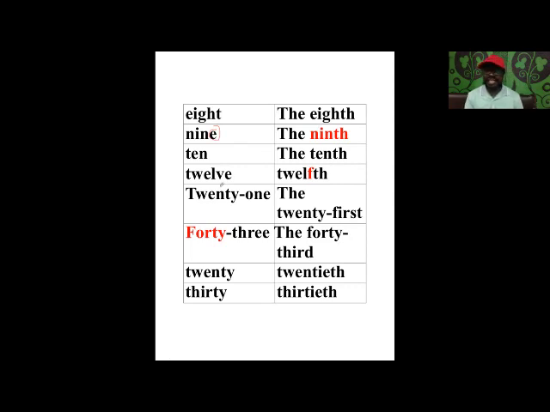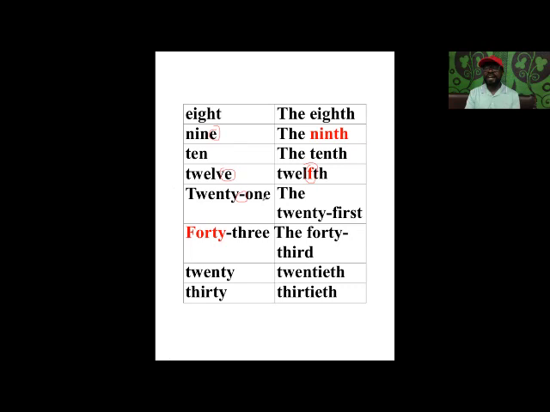10, the tenth. 12, be careful with VE. VE, the ordinal becomes F. 12, twelfth. 21, when you are writing the word, the number 21, there is a hyphen. 20 hyphen 1.